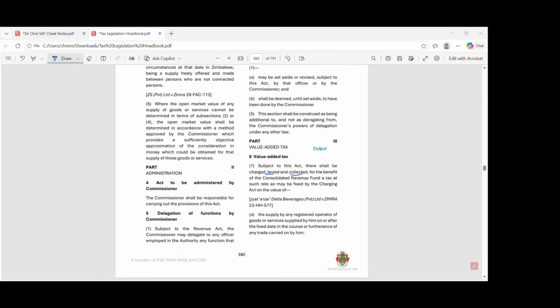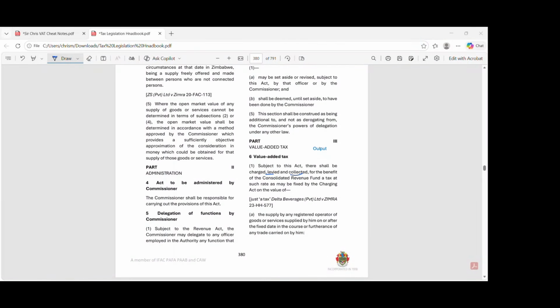So if your price is $10, then ZIMRA or the Consolidated Revenue Fund say plus 15.5% on your $10. The excess, about 1.5, makes it 11.5. So they are selling at 11.5, but the 1.5 is being collected on behalf of ZIMRA.